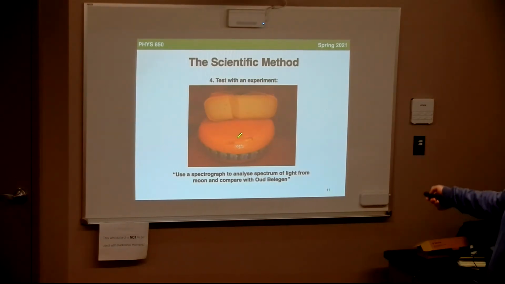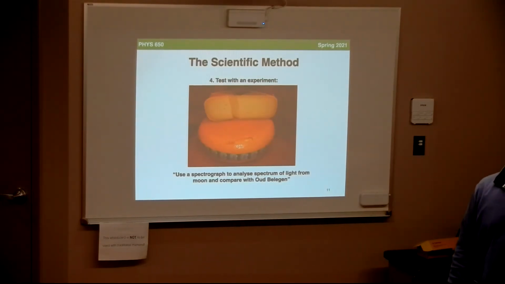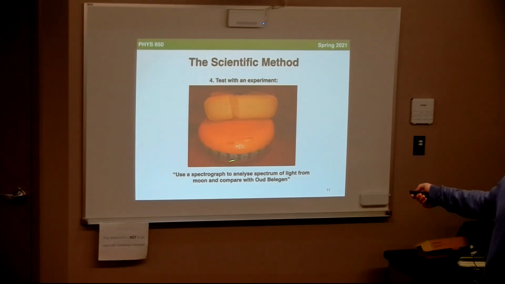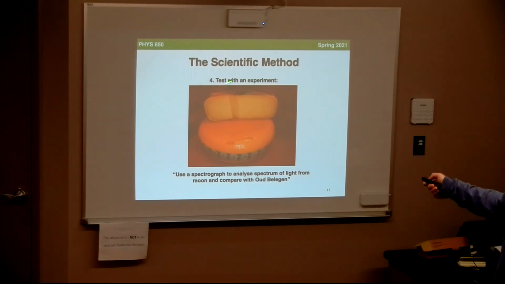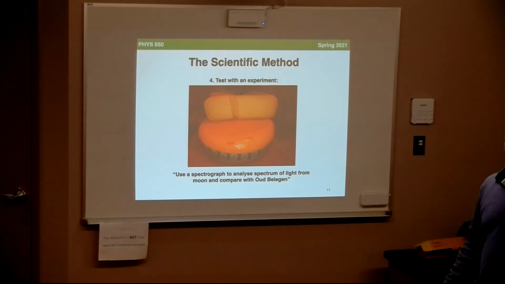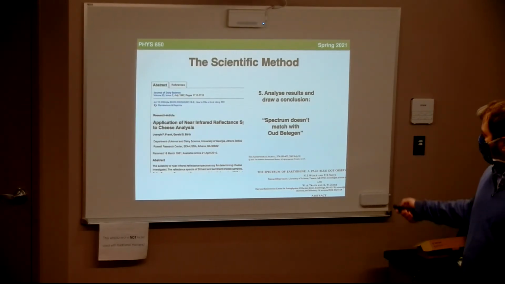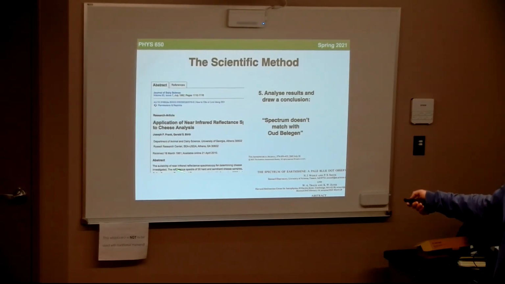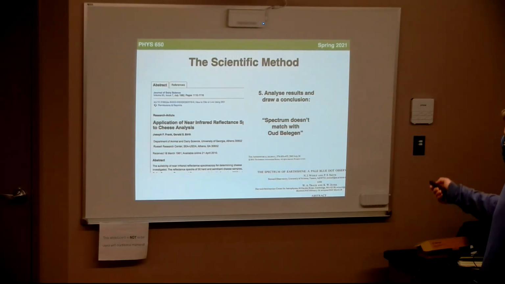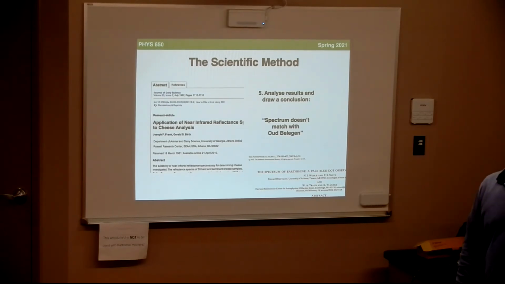We test the spectroscopic response of cheese in the lab. All right, now we have a spectrum, so we have a reference point to compare to. All right, the scientific method. And so then we go and report the application of near-infrared reflectance of cheese, and then analyze the result and come to the conclusion that the spectrum does not match.